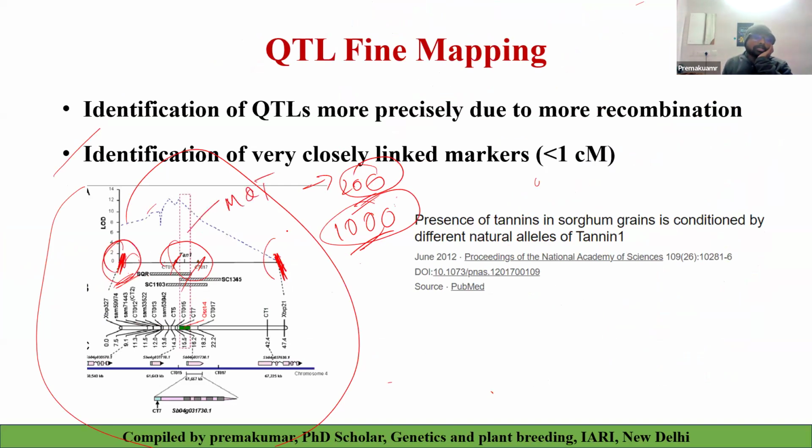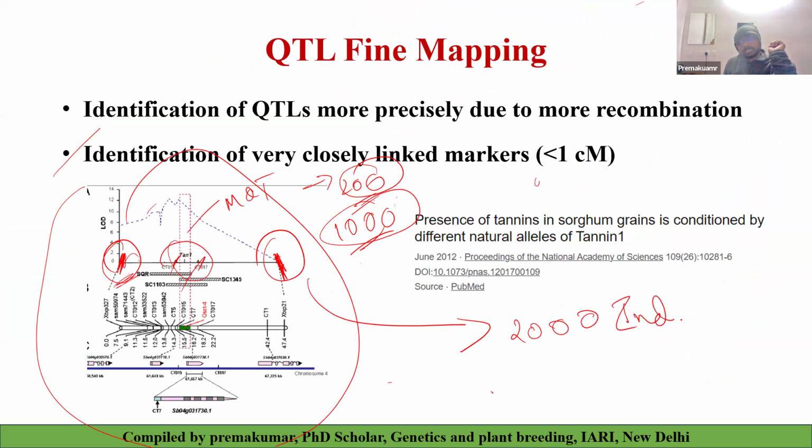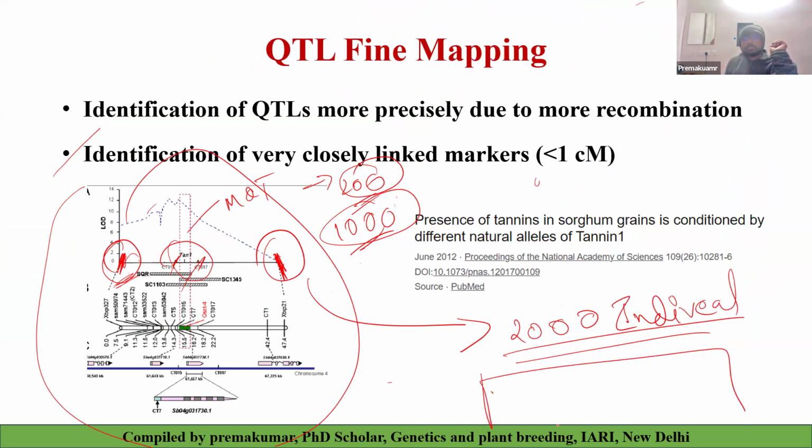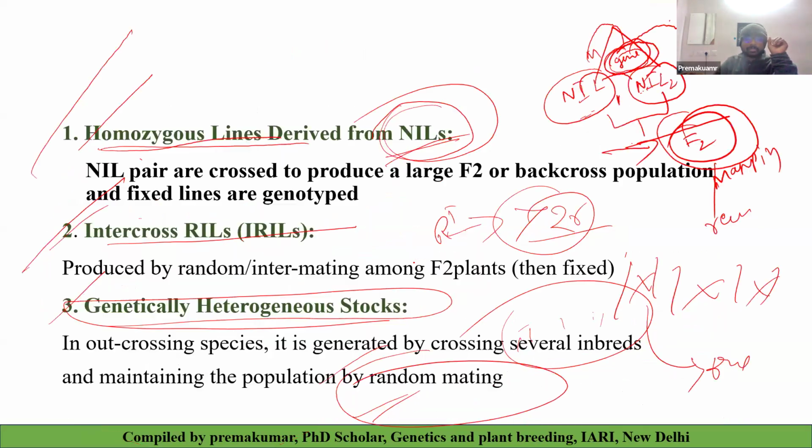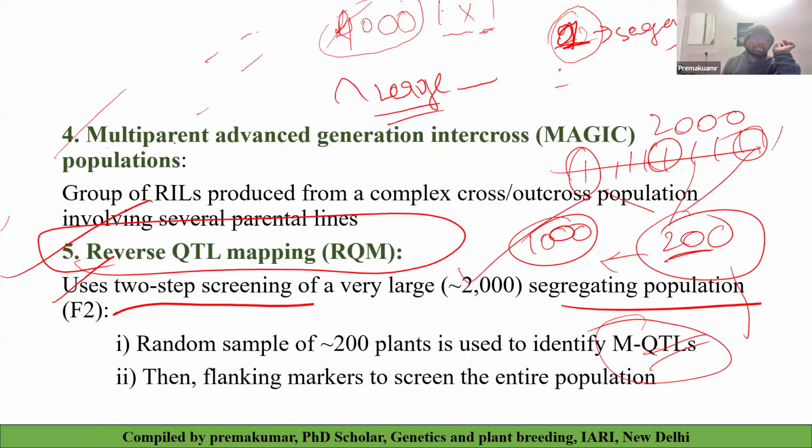Then you run this marker in the 2000 individuals and get genotypic data. Then you identify the QTL. The QTL you get may be a high resolution QTL, meaning very near to the gene of interest. This is called reverse QTL mapping.